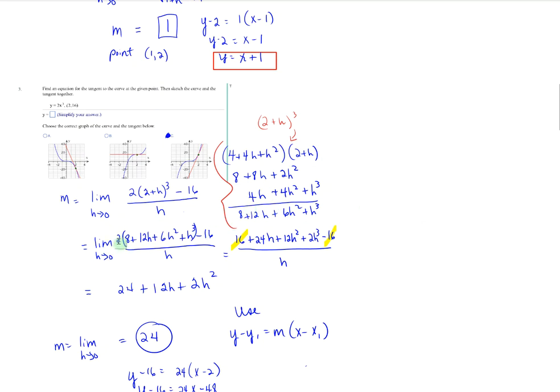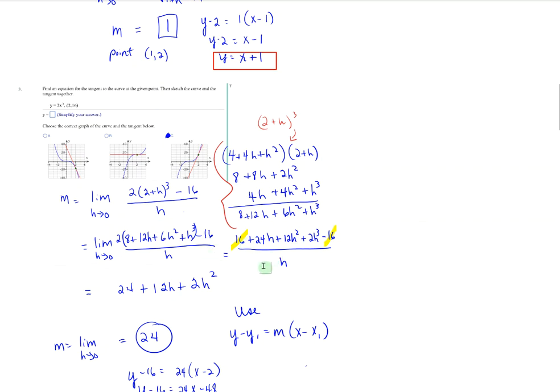So we now have that. Go ahead and multiply 2 times all of that. And so this is what we have here. The 16s cancel out, so we have just h's on top. Factor out the h, and you are left with 24 plus 12h plus 2h squared.